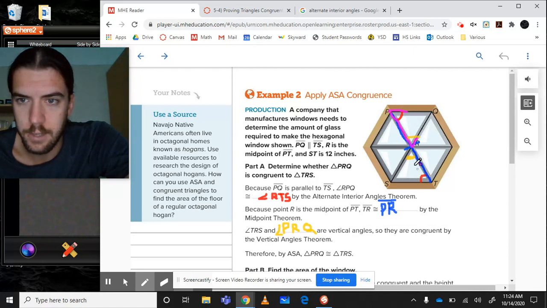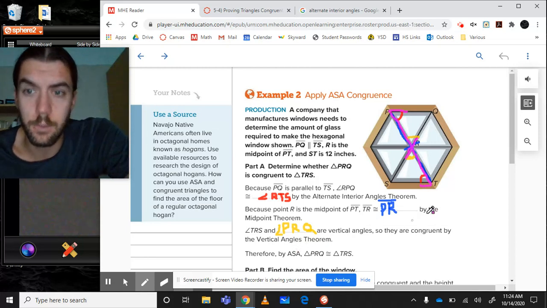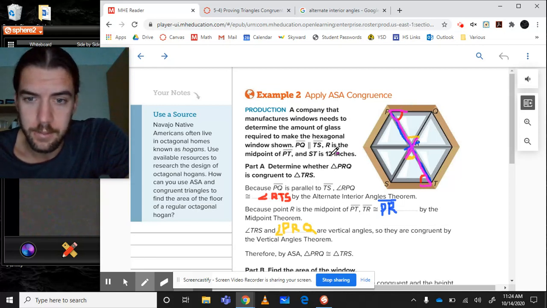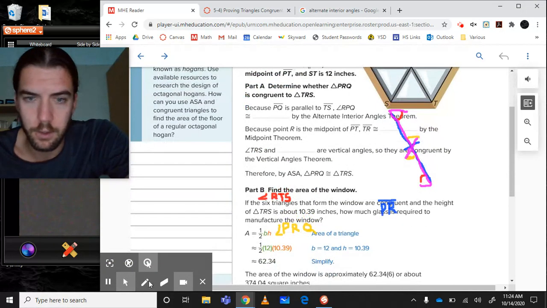So the red and yellow had a red and yellow here. And the two sides that were the included sides were also congruent. So, all right, based off the angle side angle theorem of having congruent angle side angle with another angle side angle being congruent, then the whole triangle must therefore be congruent. Okay, let's see what else we got down here.